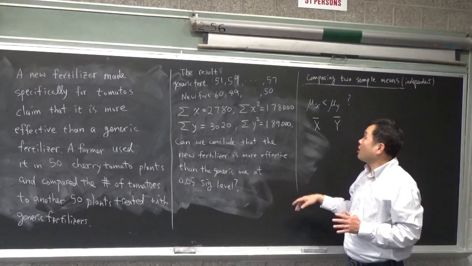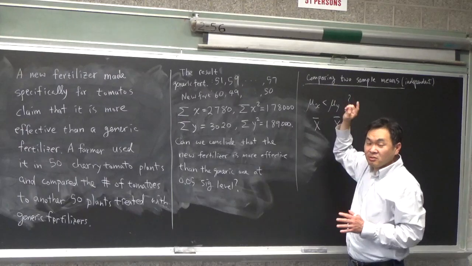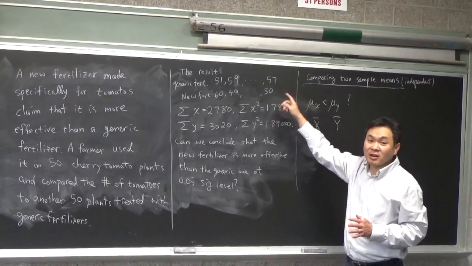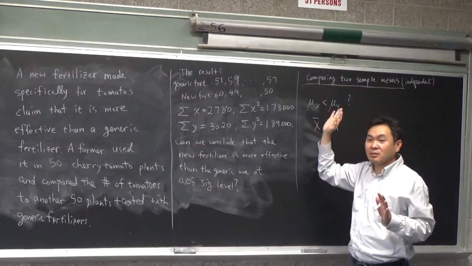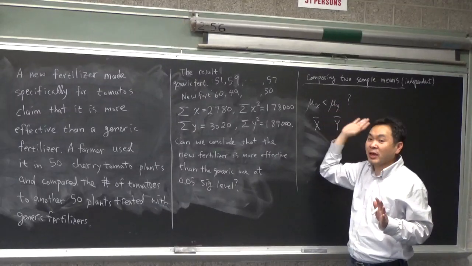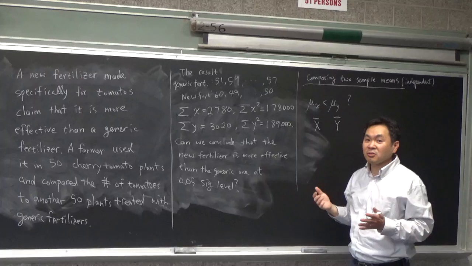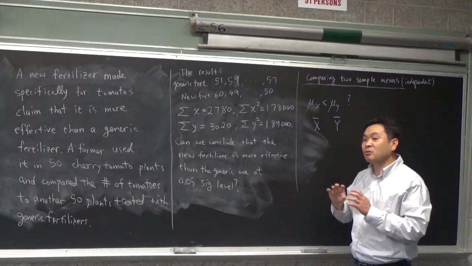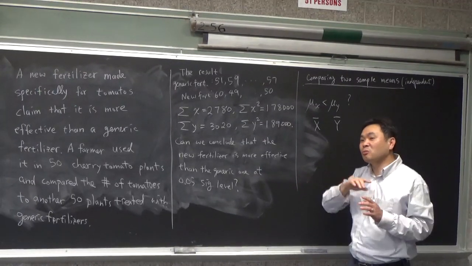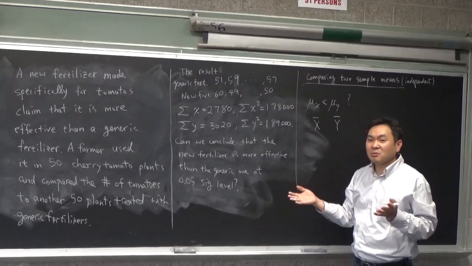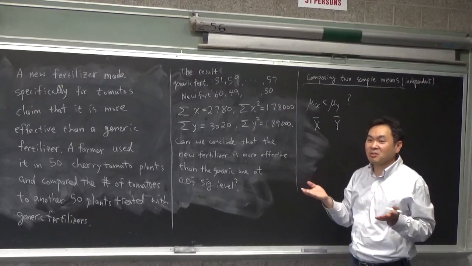Instead, what I'm going to explain here is assuming that our data size is big enough that we don't have to use a t-distribution. See, the rule of thumb is that if you have 30 or more samples, then the normal distribution is a pretty good approximation to the t-distribution.